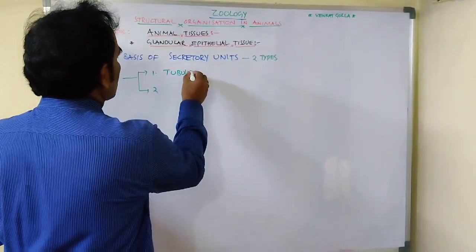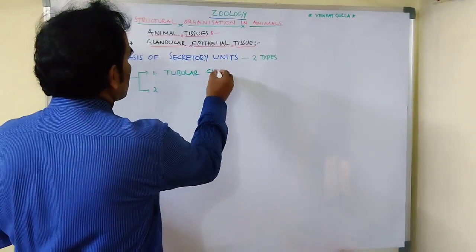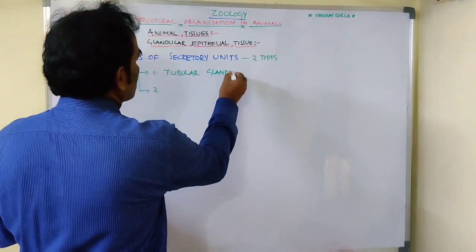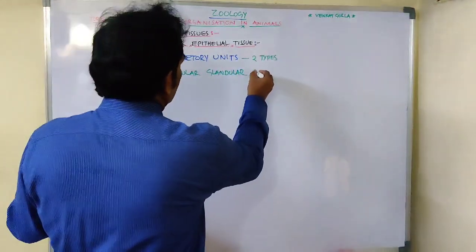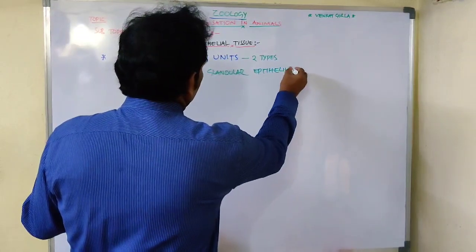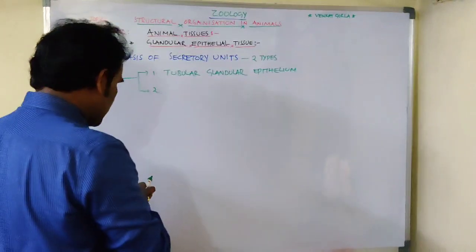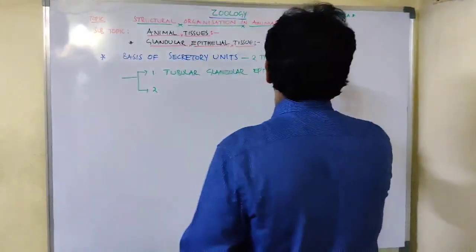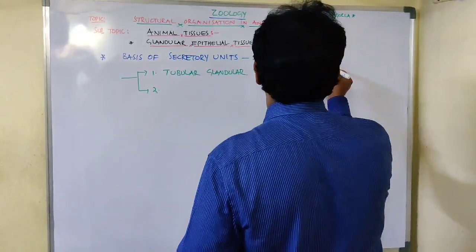Tubular glandular epithelium: in the tubular glandular epithelium, the secretory unit is a tube-like shape.